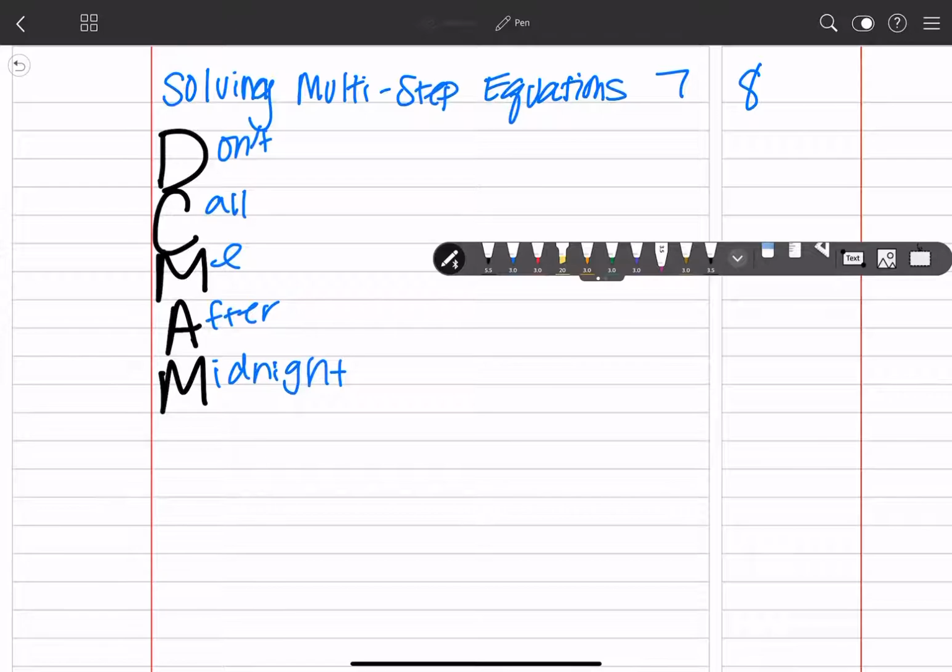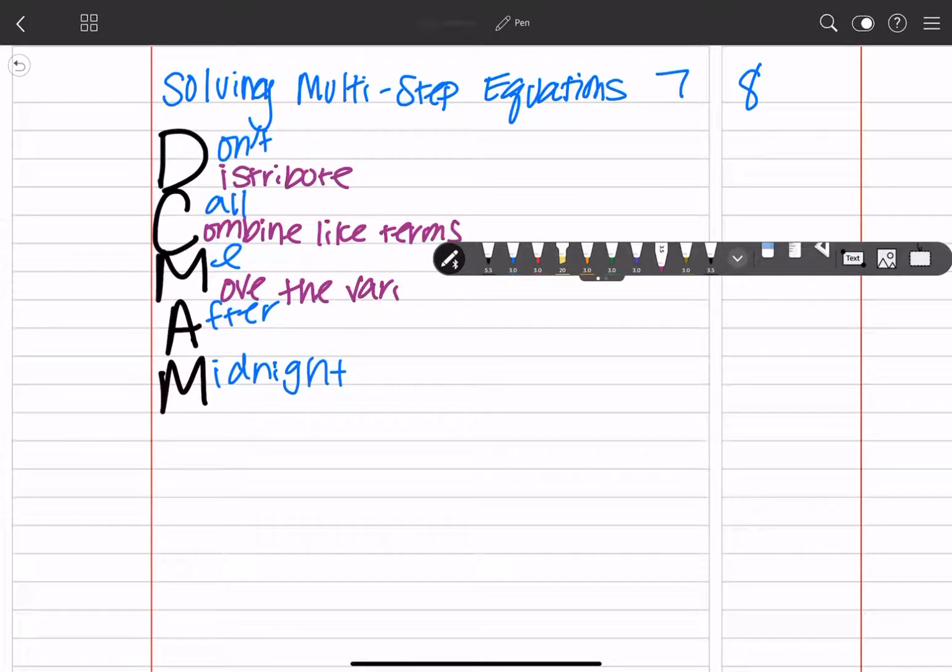Don't is for distribute. You have to distribute anything if there is any. Then you're going to combine like terms. Move the variable. I typically recommend you move the lighter variable, but very rarely you're going to move the other variable.